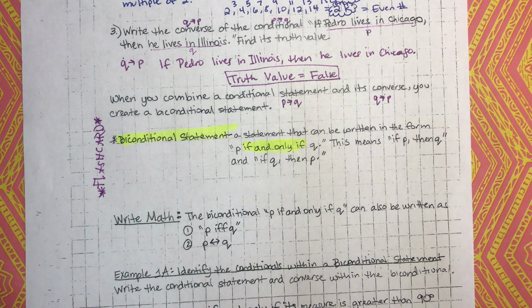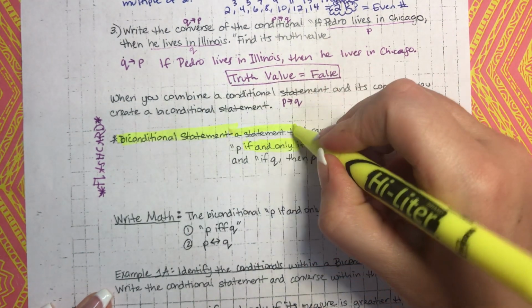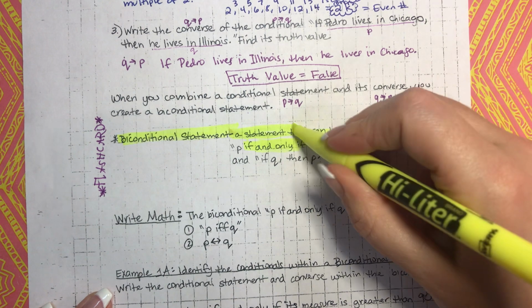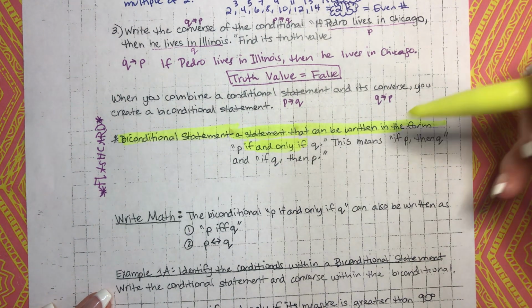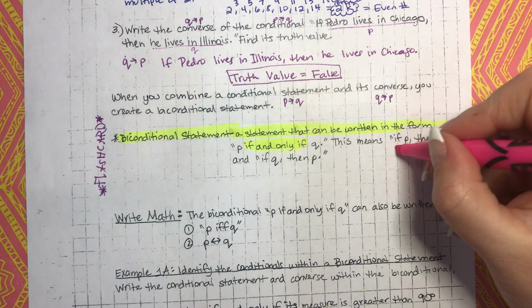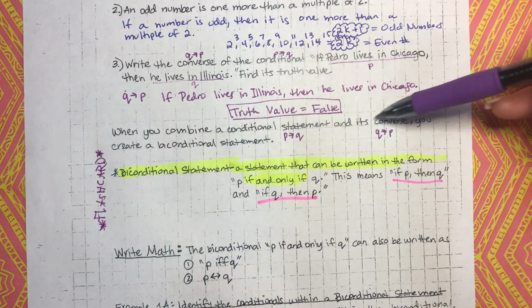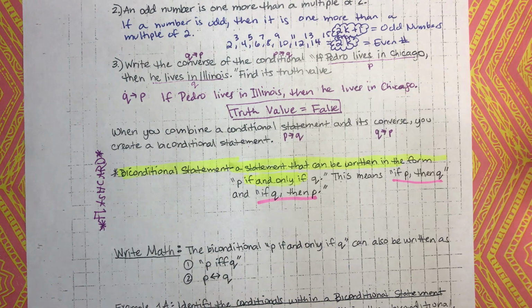Okay, so a biconditional statement is a statement that can be written in the form P, if and only if Q. This means if P then Q, and it also means if Q then P. So this is that conditional piece, and this is the converse piece. And remember up here it says when you combine a conditional statement and a converse, you create a biconditional.